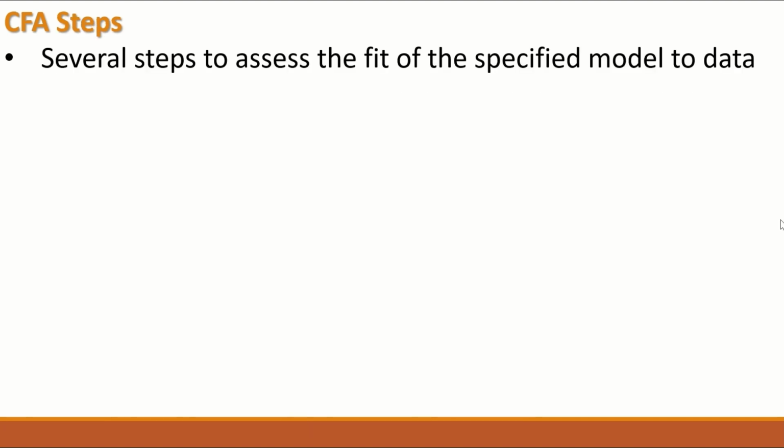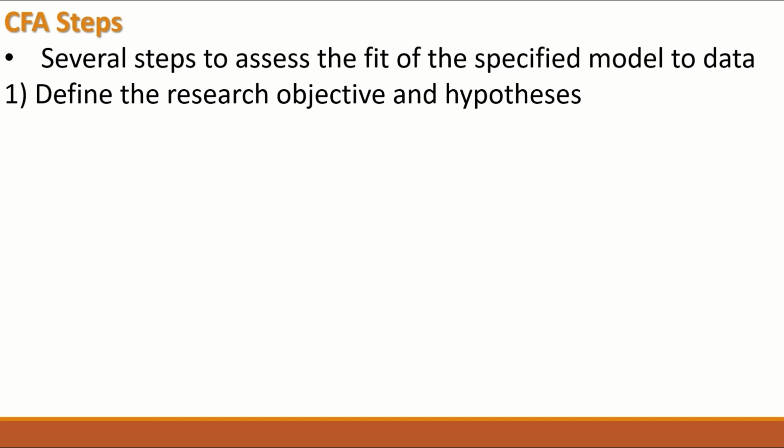So to perform the CFA, several steps have to be followed. The steps to assess the fit of the specified model to data. So we've already had a model which is generated from a previous analysis. Then the way to assess whether the data fit that specified model. There are several steps. The first step is to define the research objective and hypothesis.